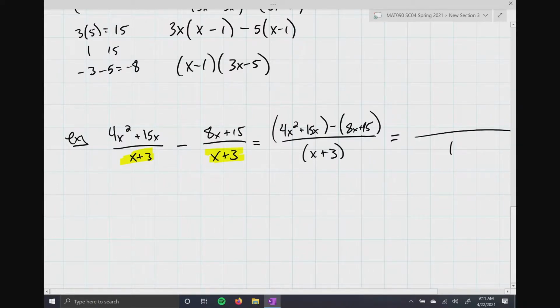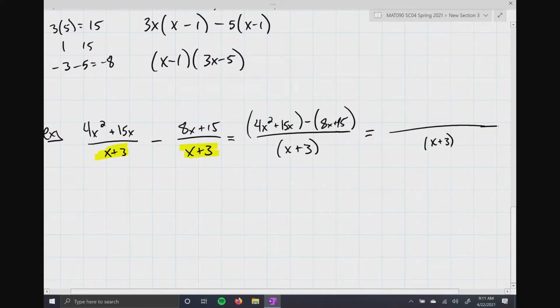So x plus 3 is in my denominator. In the numerator, I get 4x squared plus 15x minus 8x minus 15. Okay? Now I'm going to group any like terms I see in the numerator.